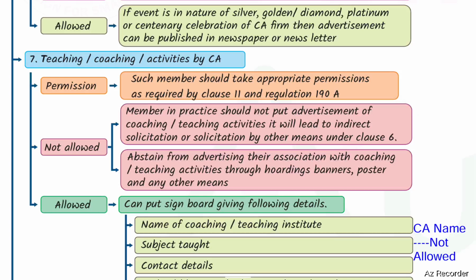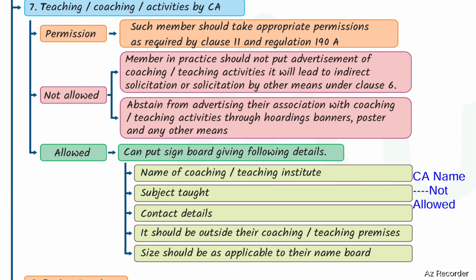Abstain from advertising their association with coaching or teaching activities through hoardings, banners, posters, and any other means. These are not allowed. He can put a signboard giving the following details: the name of the coaching or teaching institute, subject taught, contact details. It should be outside their coaching or teaching premises. Size should be as applicable to their name board. Here, CA name is not allowed.